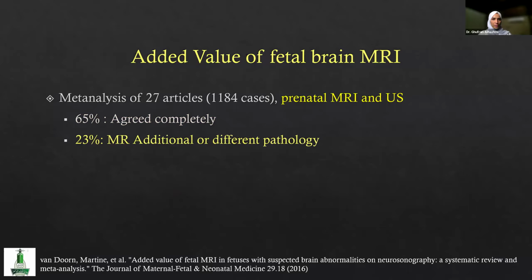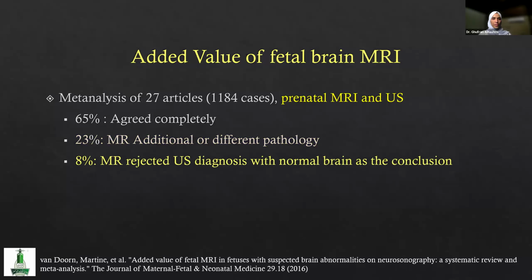However, in 23% of cases, MRI showed additional or different pathologies. And in 8% of cases, MRI actually rejected the ultrasound diagnosis with a normal brain as the conclusion. My friend, Dr. Rawan, actually recently had a case which was referred for MRI with a questioned brain anomaly on ultrasound, and the MRI was actually normal.